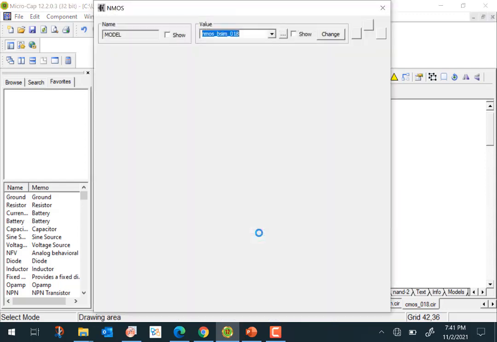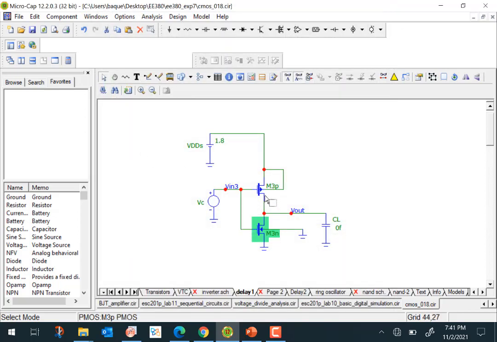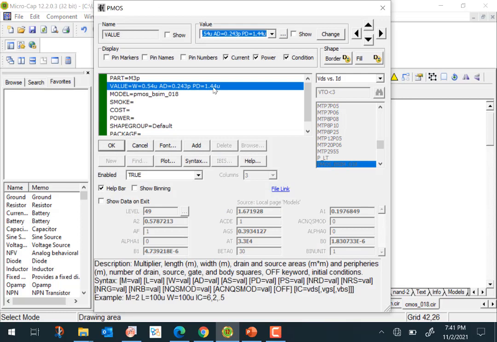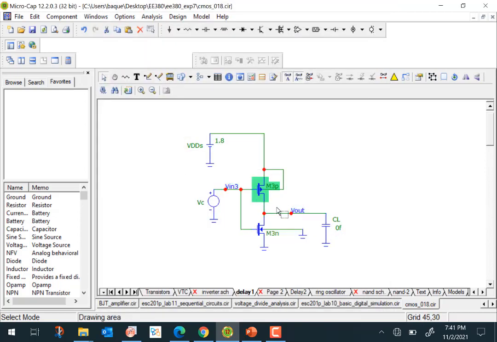We've entered the area of the drain, 0.154, and the perimeter of the drain, 1.35 micrometers, and similarly the area and perimeter of the drain of the PMOS. If you don't enter area and perimeter, then the drain to body capacitance will not be calculated properly, and you will underestimate the delay.